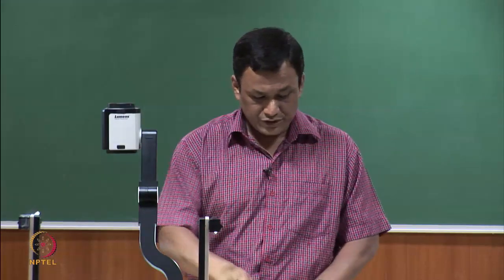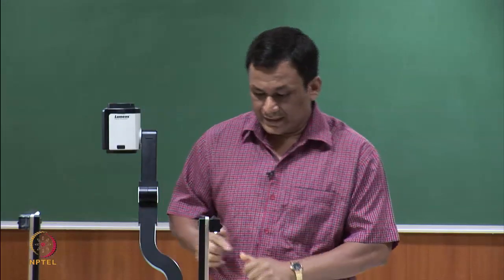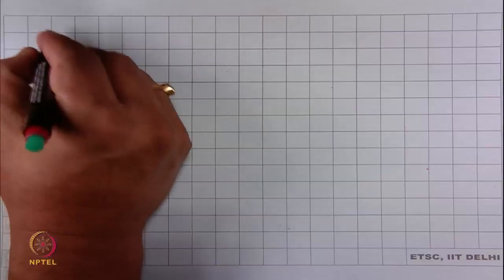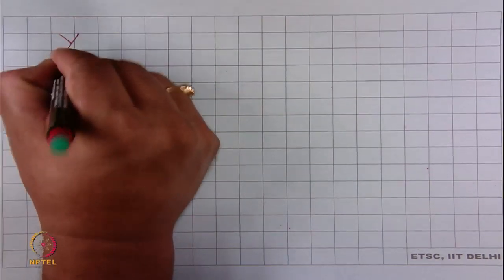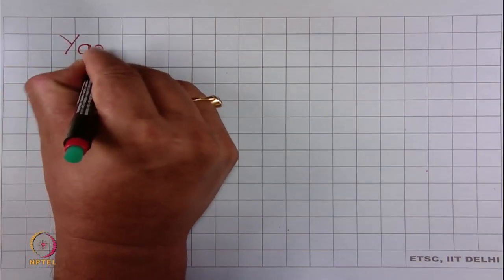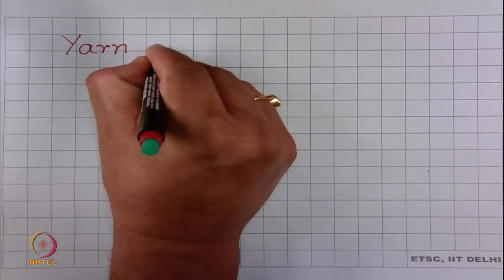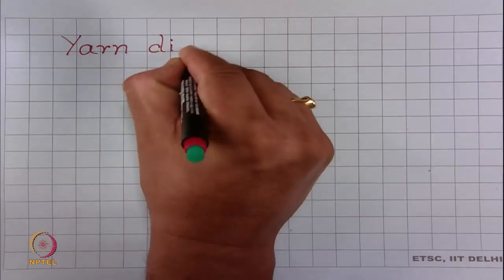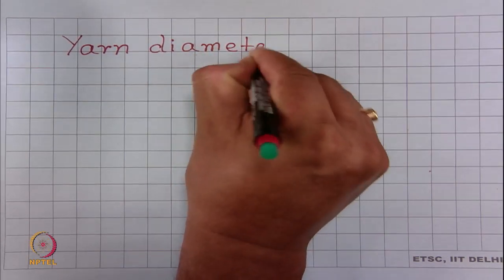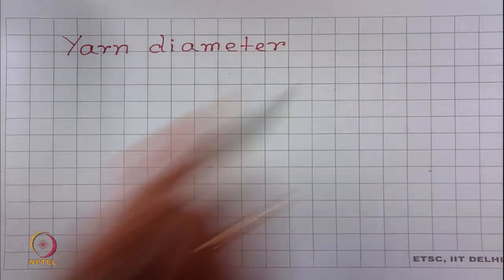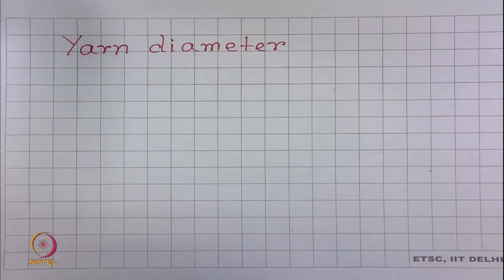Now, we will proceed to yarn diameter, a very important characteristic of yarn. Yarn diameter. How do we find out yarn diameter?